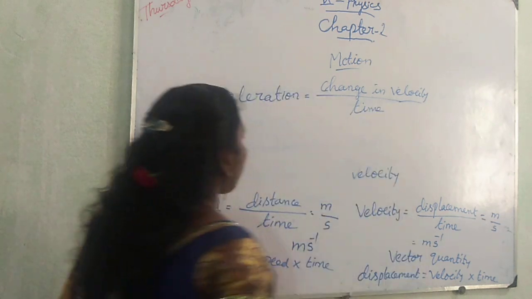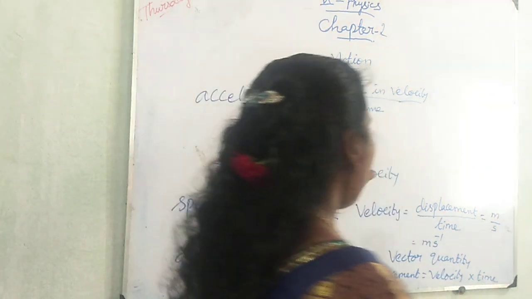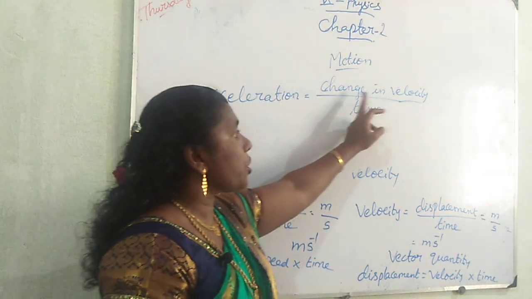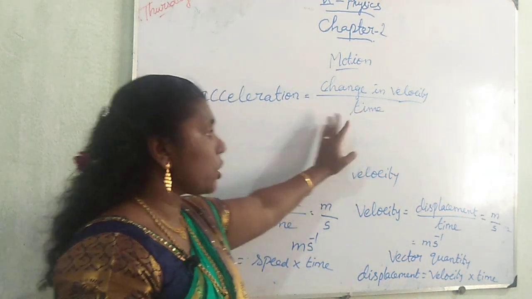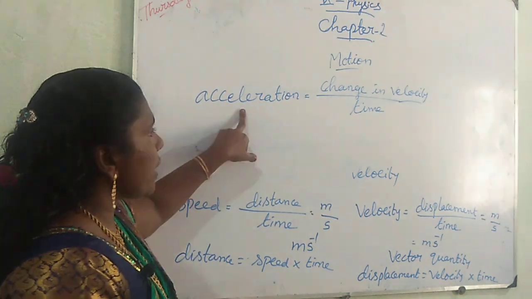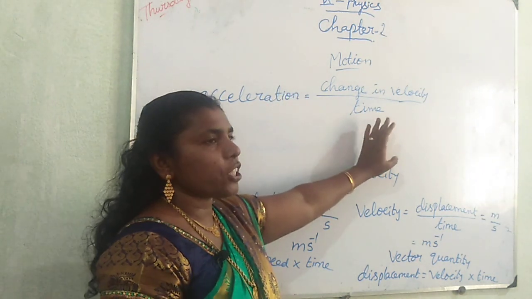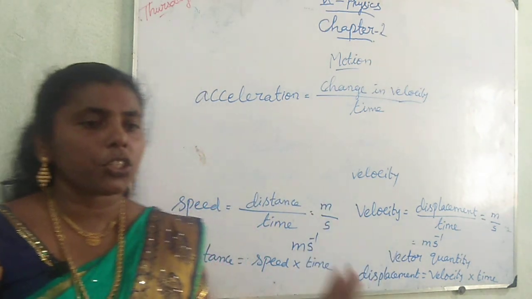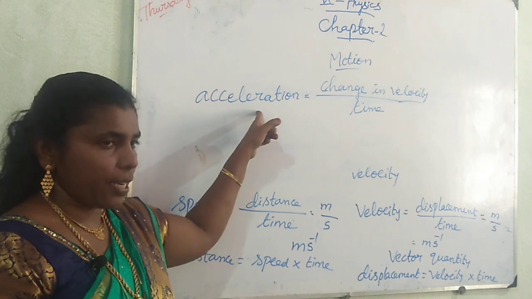So what is the formula for acceleration? Change in velocity divided by time. The definition for acceleration: rate of change of velocity is called acceleration.